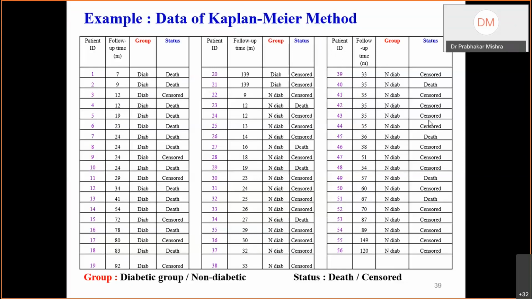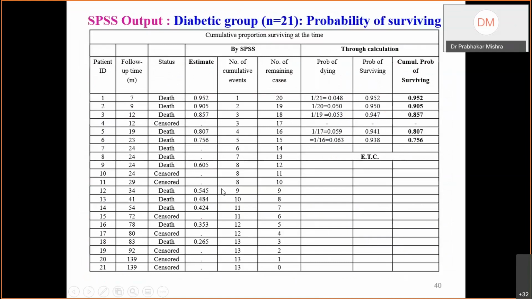So we have data for 56 patients. This is almost the SPSS output, and we get the same type of output in SPSS. Here is just a manual calculation to understand how survival probability is computed.